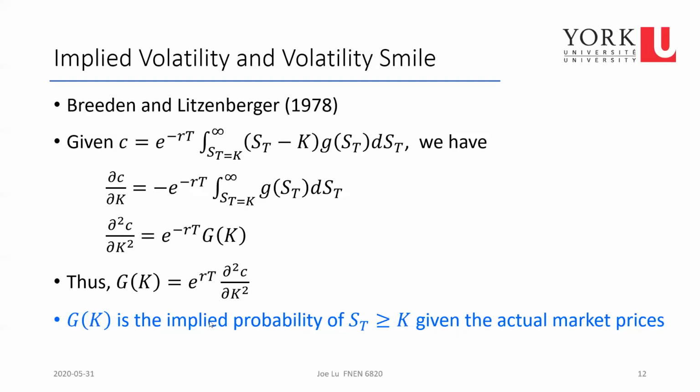Okay, so this is basically an implied probability distribution, and you will have this expression here, which is related to the second derivative of the call price with respect to the strike price.